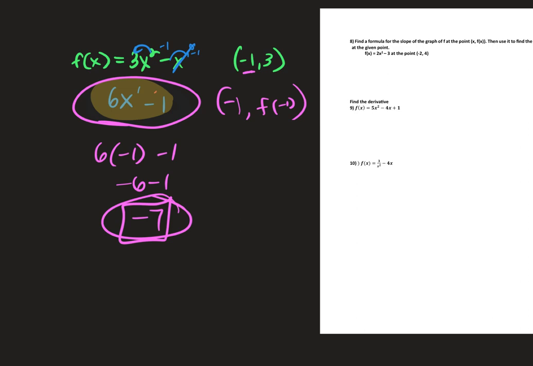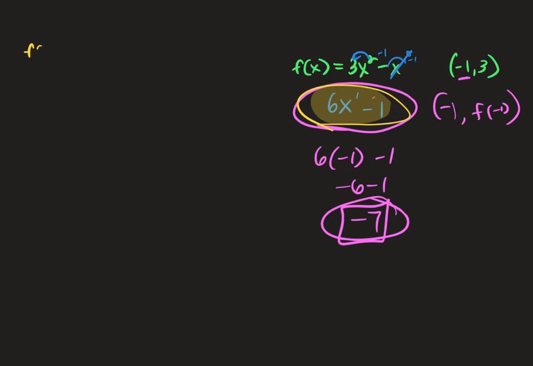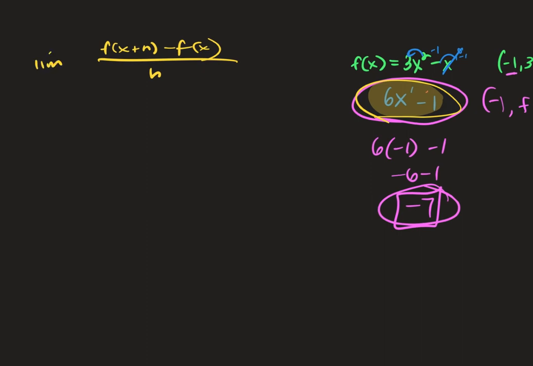Okay. So the derivative is only the equation after you make h 0, right? So if I were to do it the long way, and then do the limit as it approaches 0, that result is the derivative.